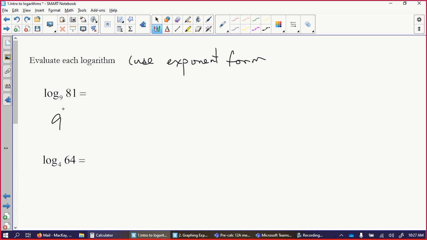Nine to what power equals 81? Well, we know from our multiplication tables, 9 squared equals 81.